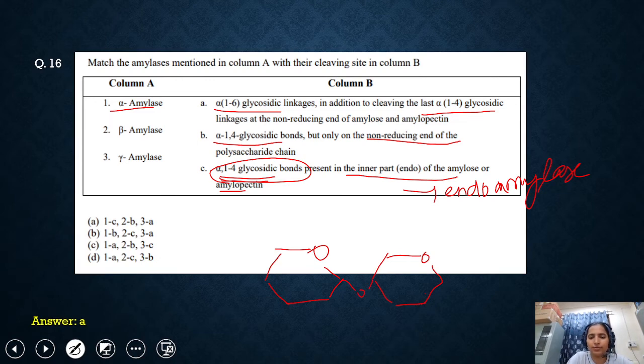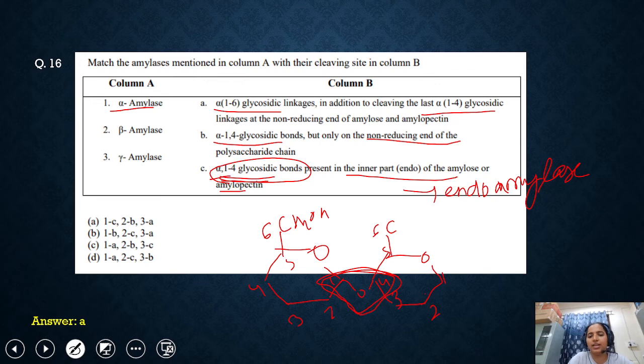Suppose this type of structure is there. When you start numbering it 1, 2, 3, 4, 5, the sixth carbon is present in the form of CH2OH, so this is the 6th. Similarly, in the second monosaccharide, 1, 2, 3, 4, 5, and the next carbon is numbered as 6. So when it breaks this bond, it is called alpha 1,4.